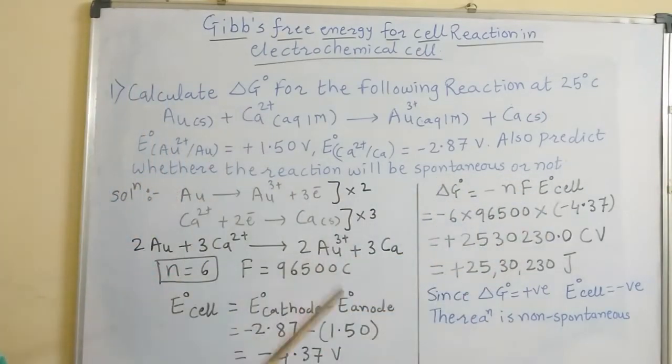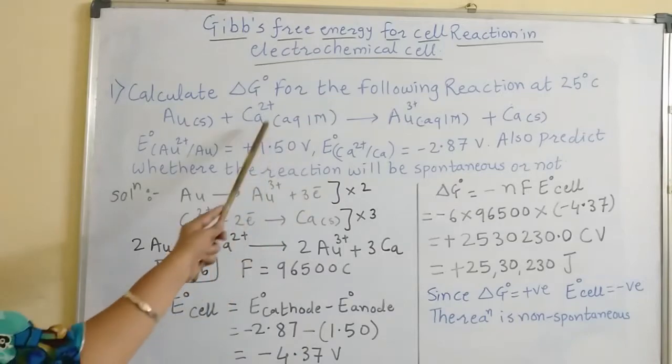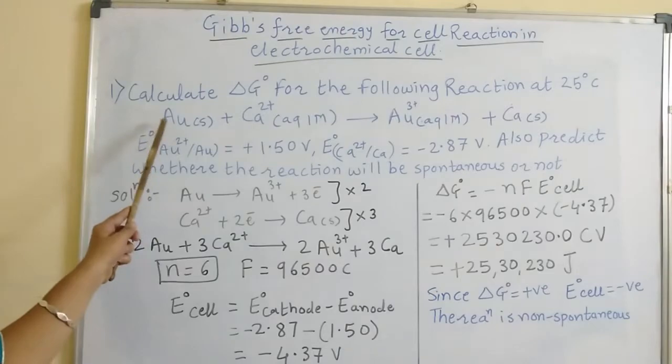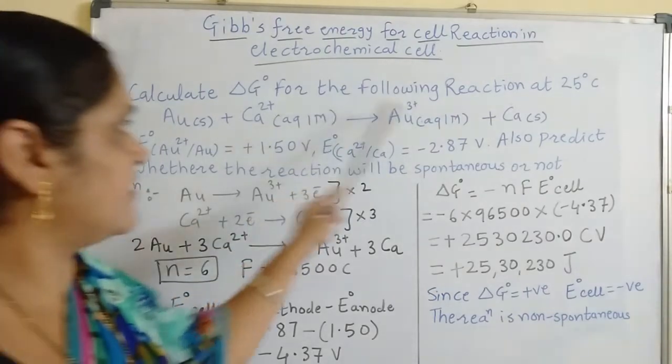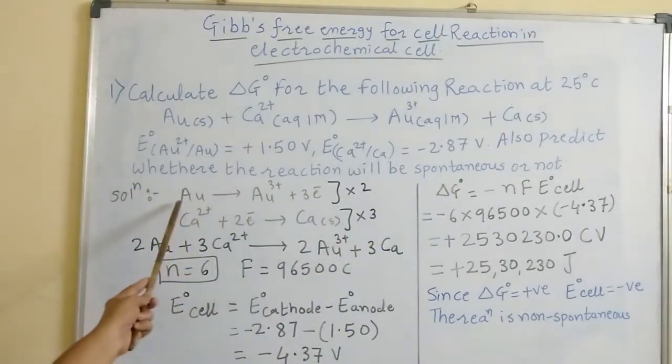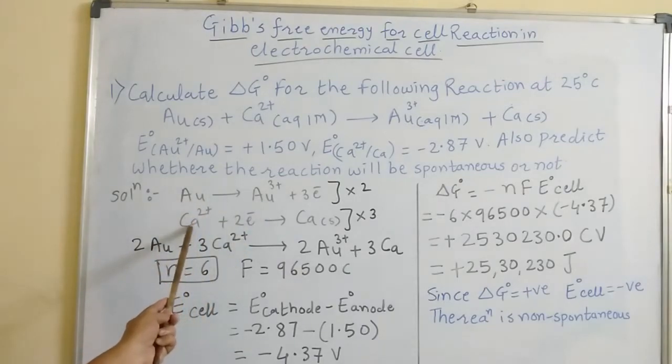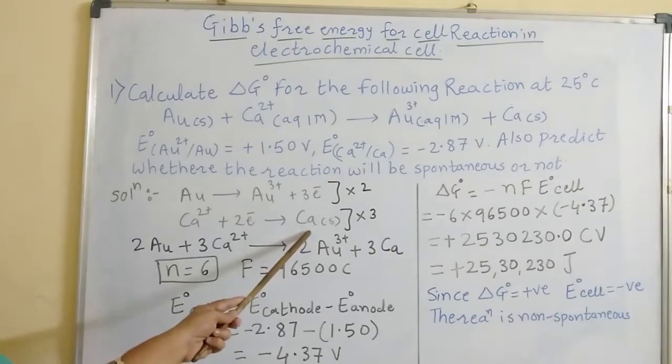Now we have to see the number of electrons transferred in this redox reaction. If Au is the anode and Ca is the cathode, then Au will lose 3 electrons to produce Au3+, and Ca2+ will gain 2 electrons to produce Ca atom.